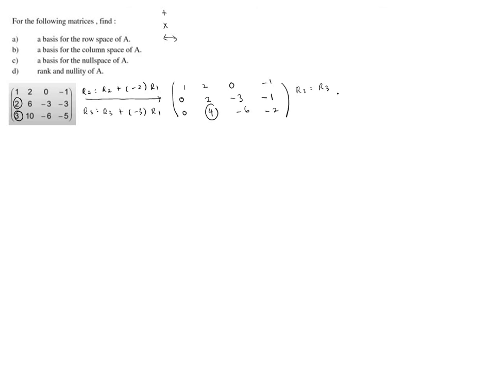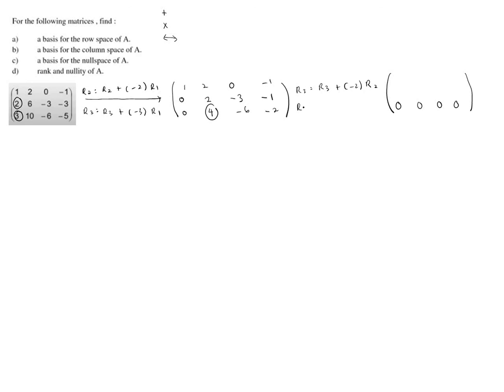R3 plus negative 2 multiply by R2. So 0, 0 is still 0. Okay, 4 minus 2 multiply by 2. So 0 lah. Negative 4 tolak 4. Ini negatif 6 tambah 6. Negatif 6 tambah 6 pun kosong. Negatif 2 tambah 2 pun kosong.